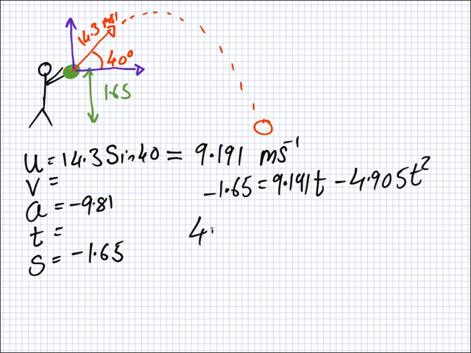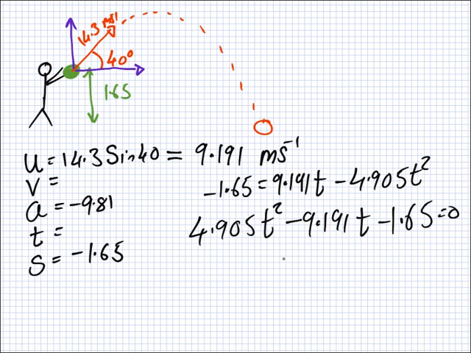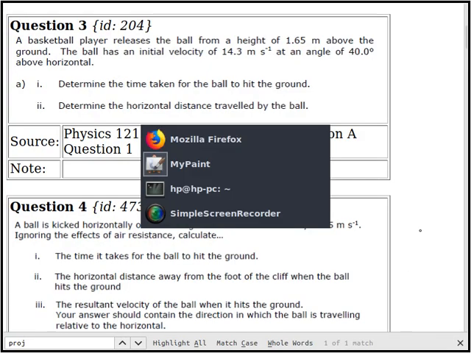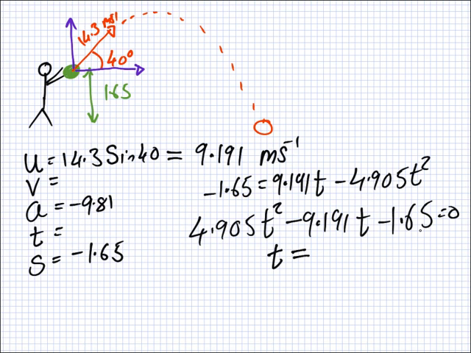So you have 4.905 T squared minus 9.191 T minus 1.65 equals 0. Using your calculator, what do we get for T? Mode, what did I say? Mode 53, was it, or something? And not the first answer, so then the second answer, not the minus answer.